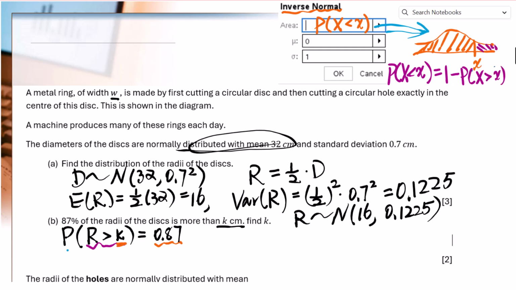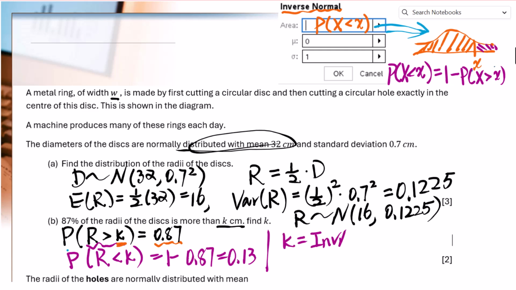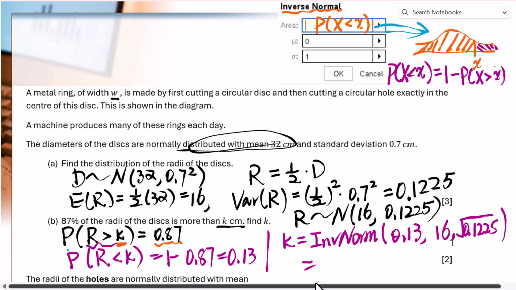For this question, we will say probability of R less than K equals 1 minus 0.87, which is 0.13. So K equals inverse norm. Area is 0.13. Mean is 16. Standard deviation is square root 0.1225. Let's go to calculator.